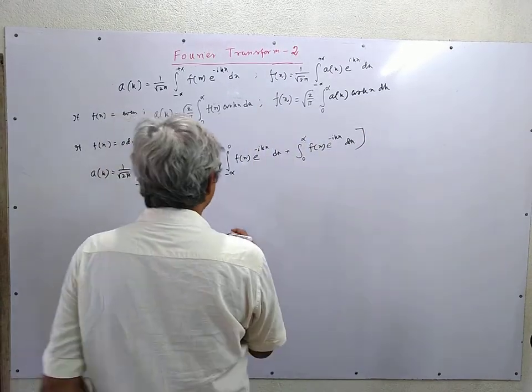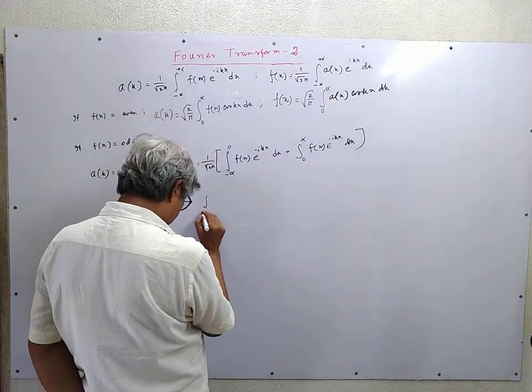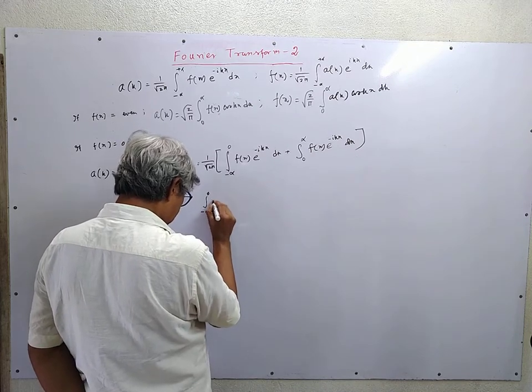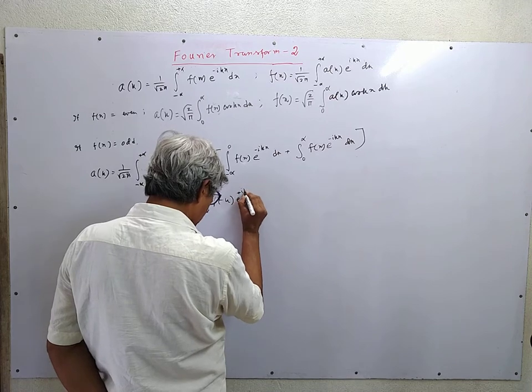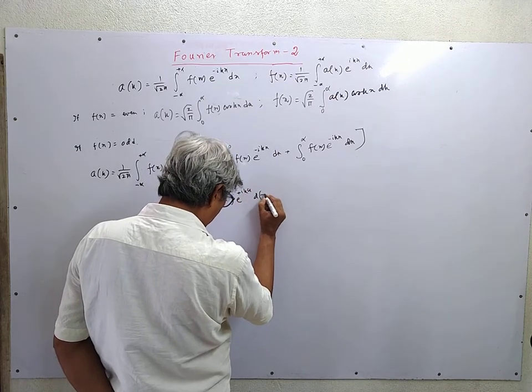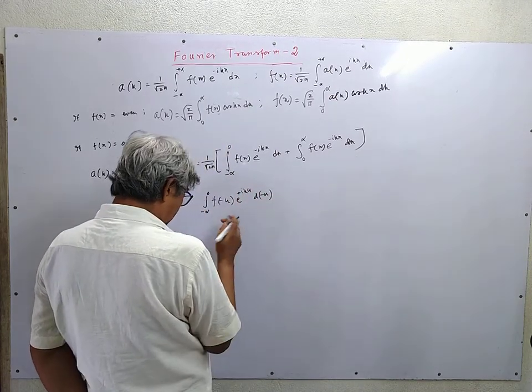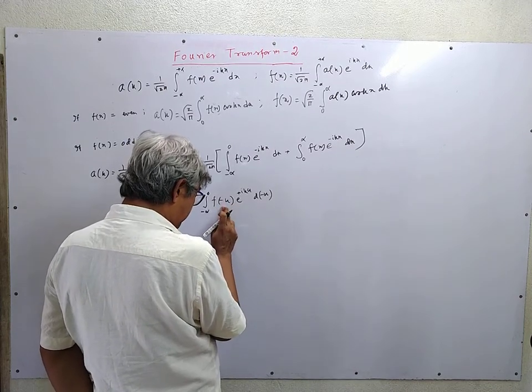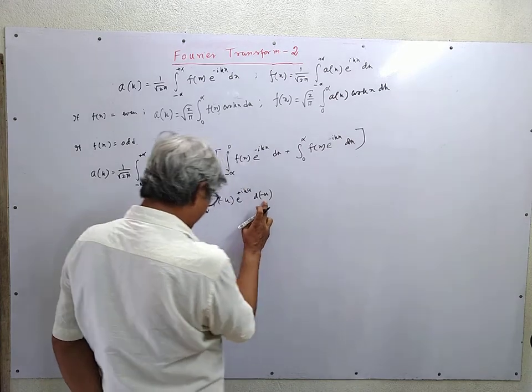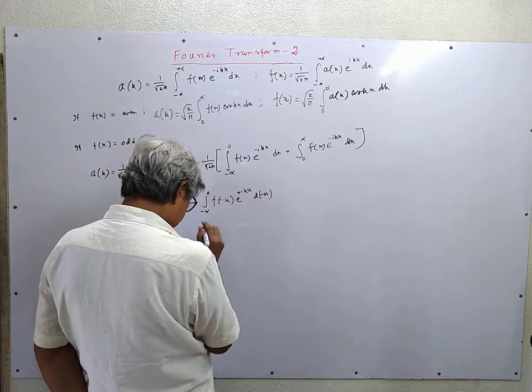dx. For this part, we first change this f of minus u e to the power plus i k u d of minus u. Then since it is odd, it will be negative. There will be another negative sign, which makes it plus.